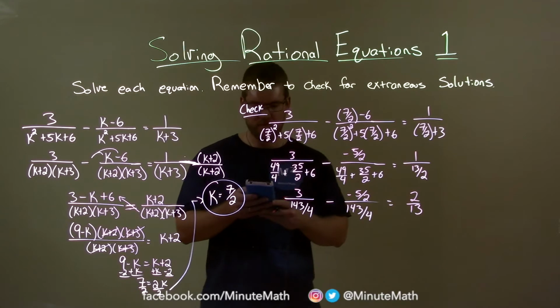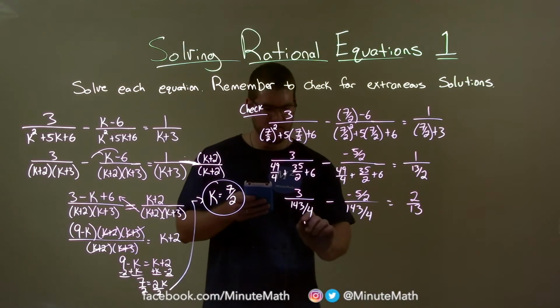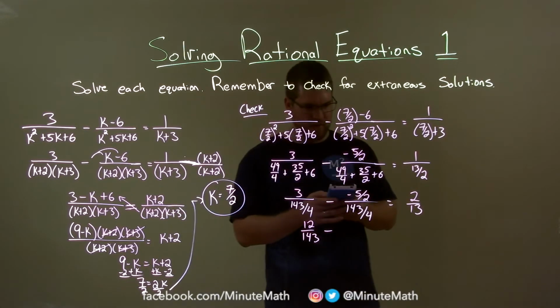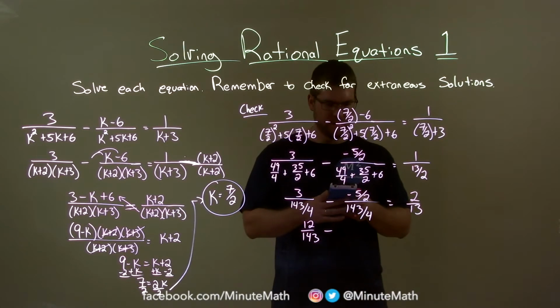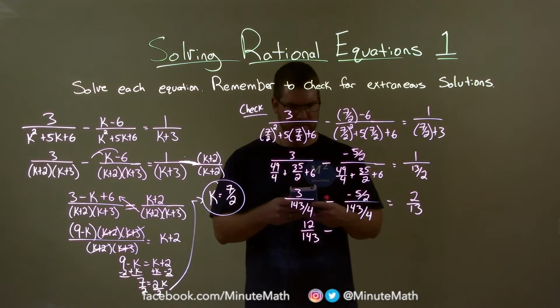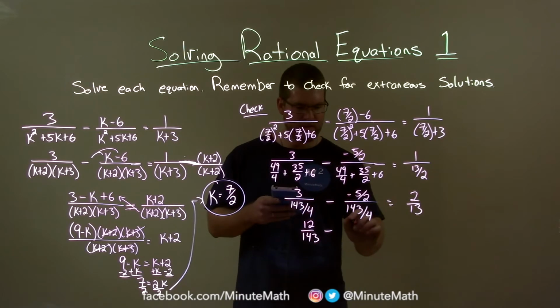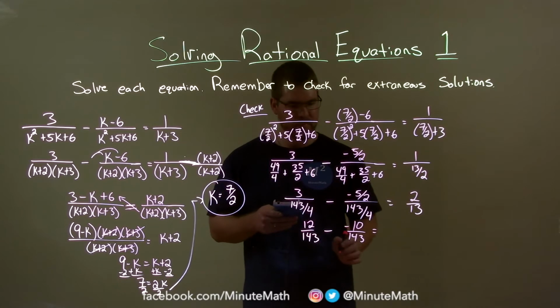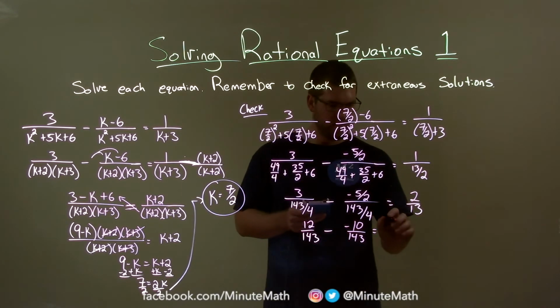And we have a fraction of 12/143, minus negative 5/2 divided by 143 divided by 4, and we have a negative 10/143. Okay, and then we have 2/13 here still.